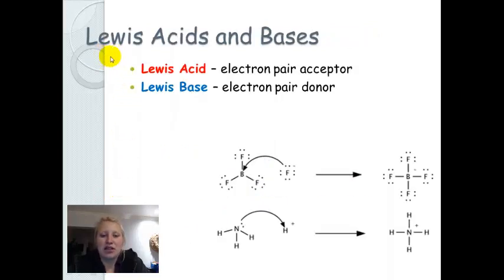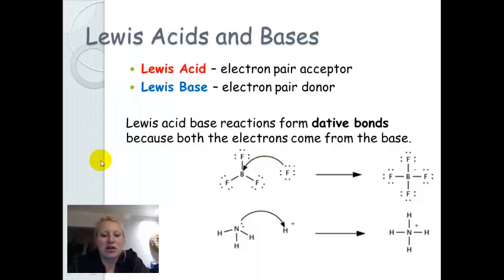The last definition of acids and bases, which you won't use as often, is Lewis acids and bases. A Lewis acid accepts electron pairs, and a Lewis base donates electron pairs. So Lewis acid-base reactions form dative bonds, because remember, a dative bond is when both electrons come from the same thing.